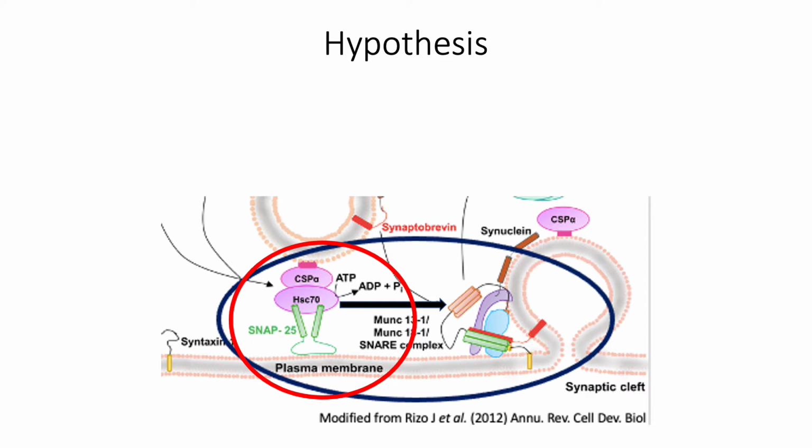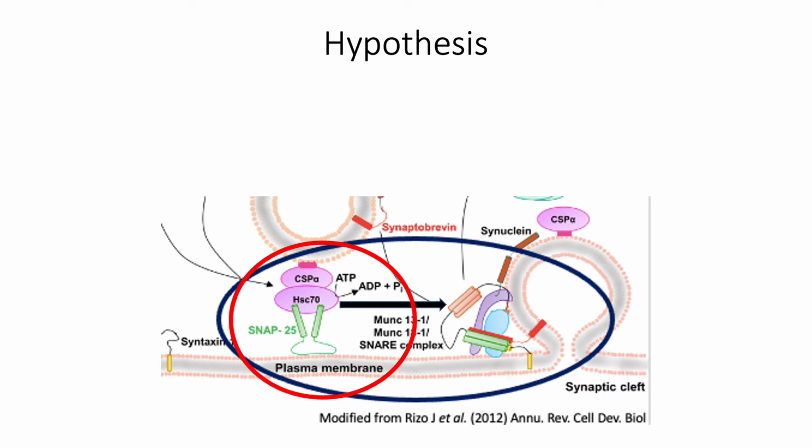Because the SNARE complex is spontaneously formed, our hypothesis is that the interactions that occur between these 3 proteins are before the SNARE complex formation. SNAP25 is an intrinsically disordered protein, meaning that in the cell it's taking a bunch of different forms. It doesn't have one stable form.